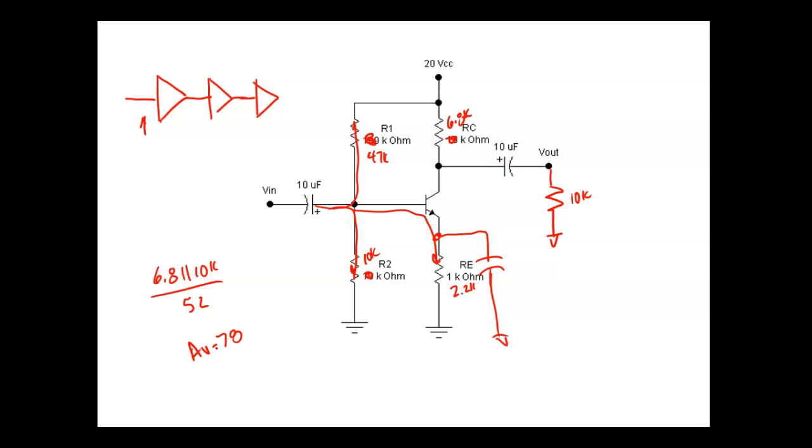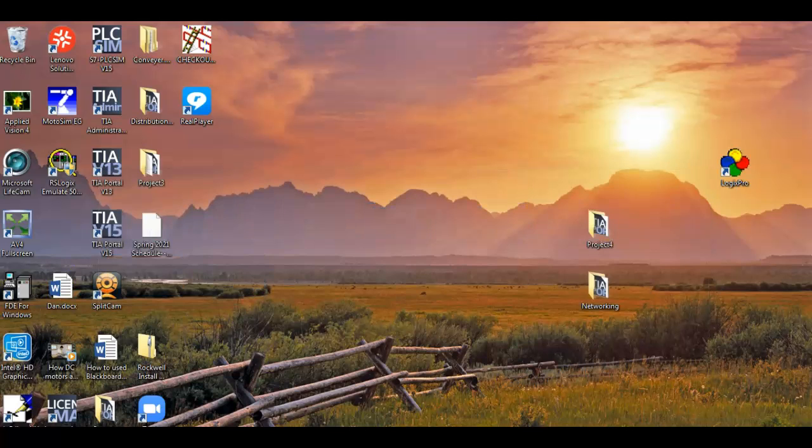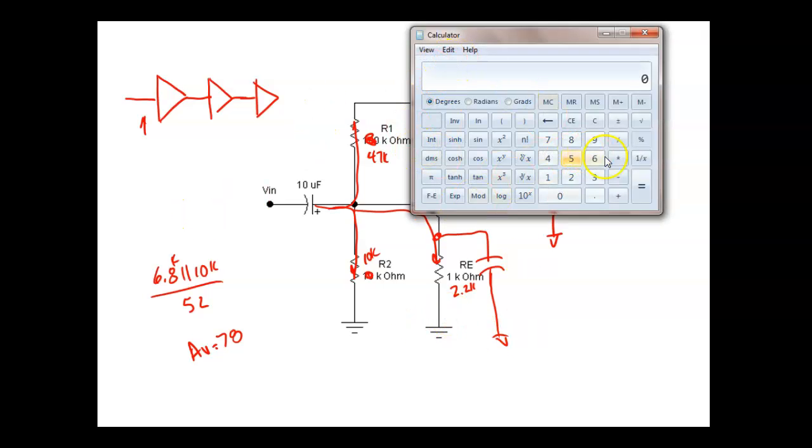That is the sum over the product, or the product over the sum. You can enter whichever one you want. Normally I do the reciprocal because it's just easier for me to enter that way on my calculator. And this is K, by the way.